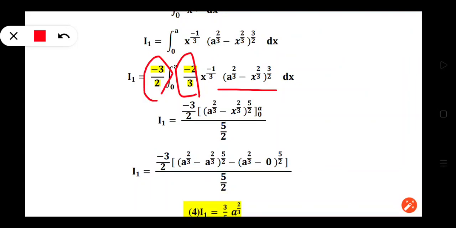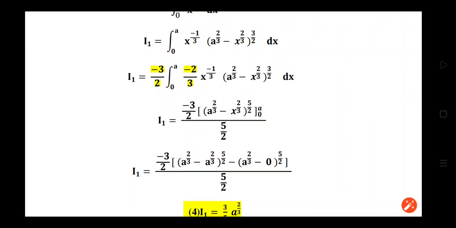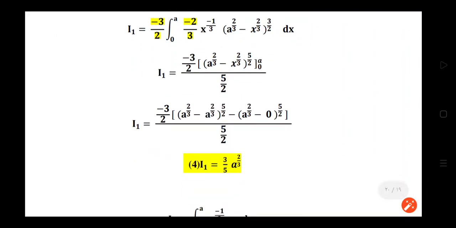Using direct integration, we add 1 to the power and divide by the new power. So 3 over 2 will be 5 over 2, over 5 over 2, and all times the fraction negative 3 over 2, all from 0 to a.